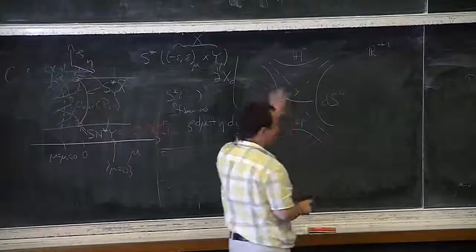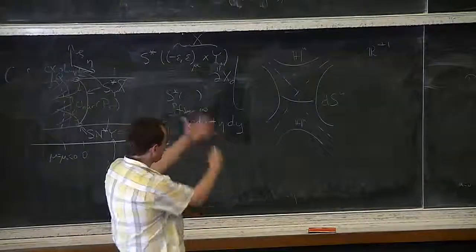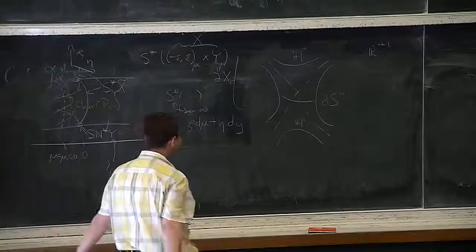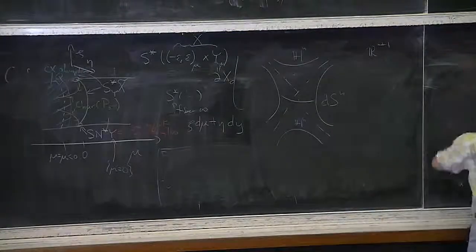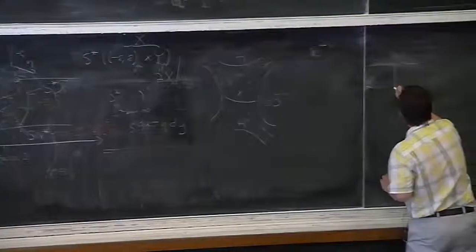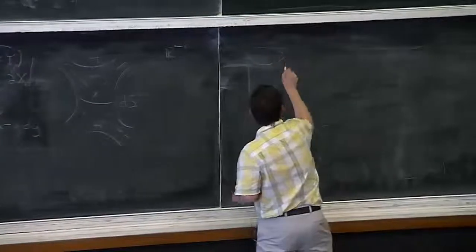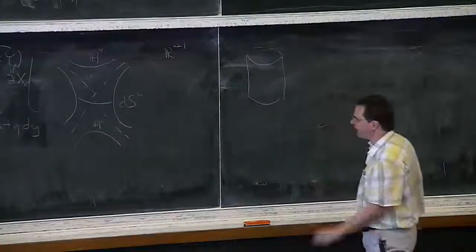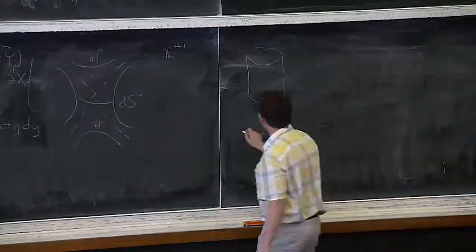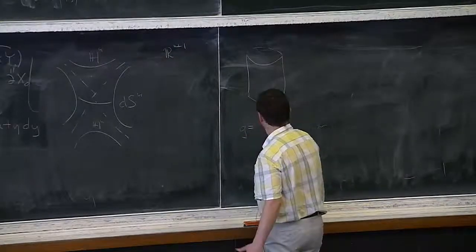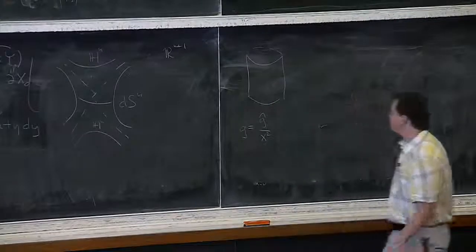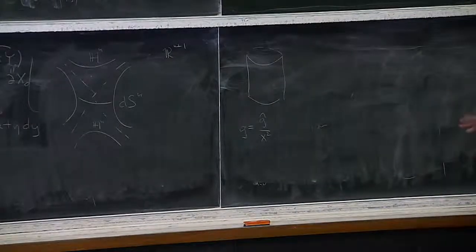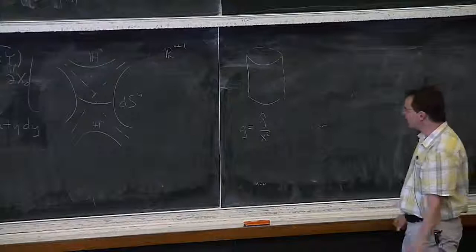So we have two copies of hyperbolic space. So de Sitter space was a cylinder here. So let me draw de Sitter space as a cylinder now. And so again, you can do the computation and check that its metric really looks like it's conformally compact, like this, with the boundary being conformally space-like.